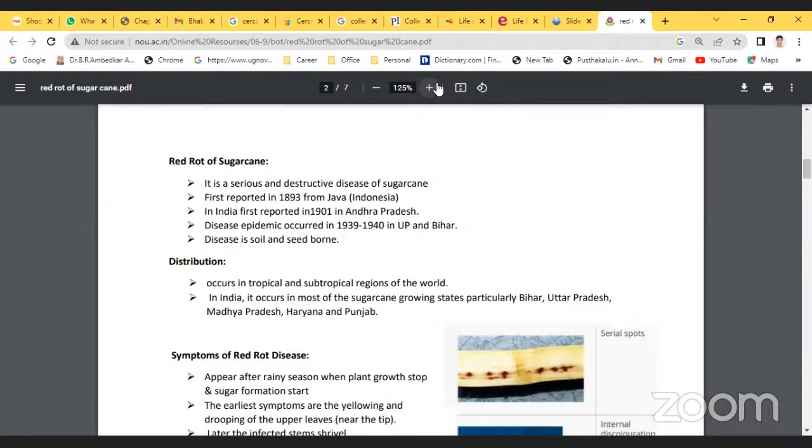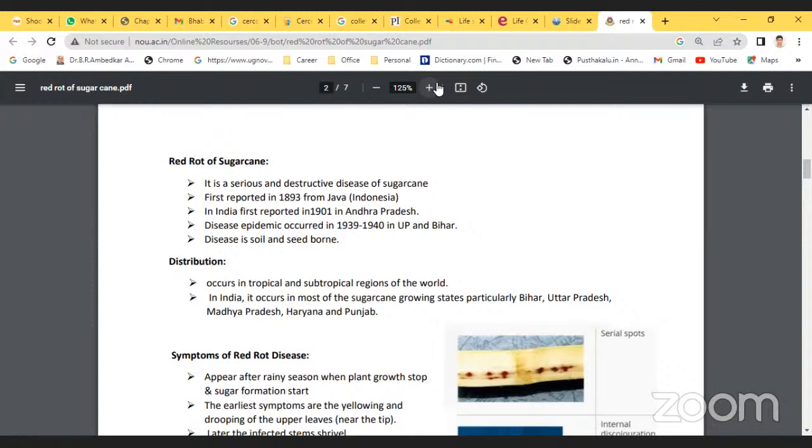Longitudinal wrinkles are formed. The affected sugarcanes show a considerable loss in weight and become lighter. Generally, a healthy sugarcane cut after maturity weighs around 250 or 300 grams.